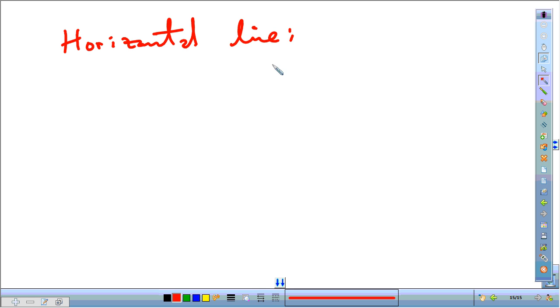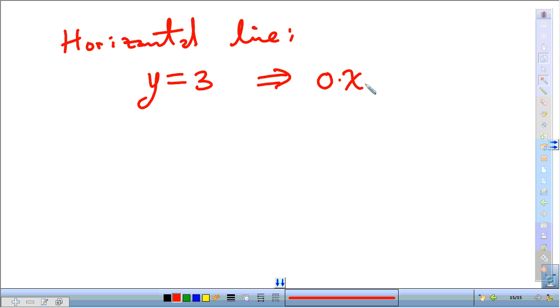Now, sometimes we have an equation such as y equals 3. It looks like an equation in one variable. But if it's in a setting of 2 variables, it could mean that the coefficient of the other variable is actually 0.